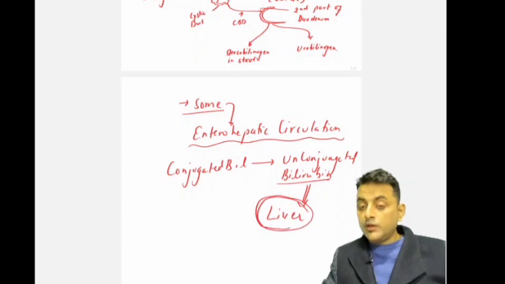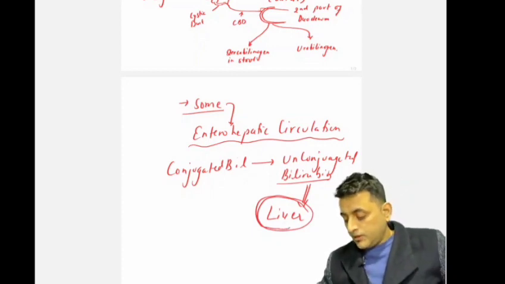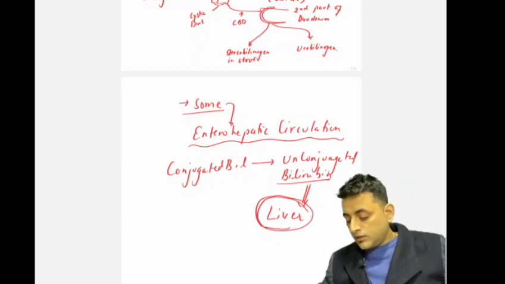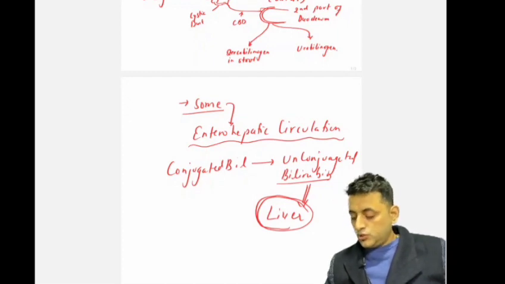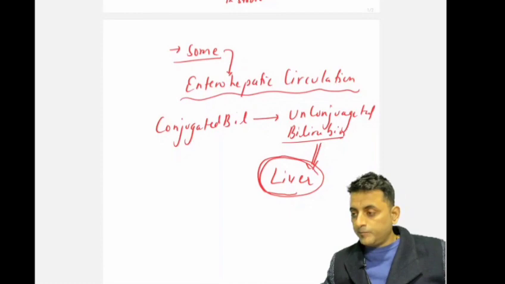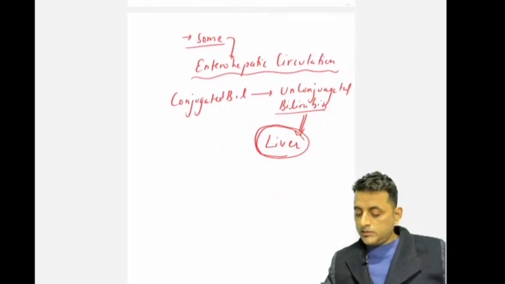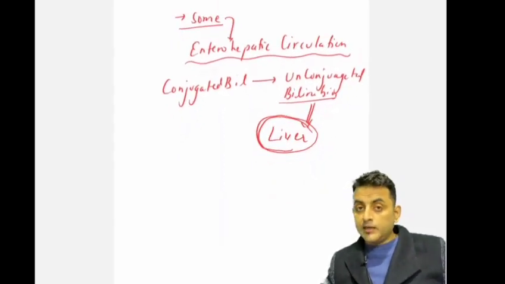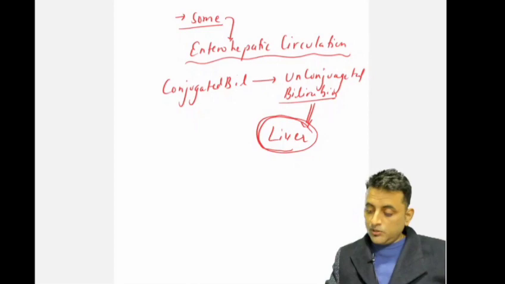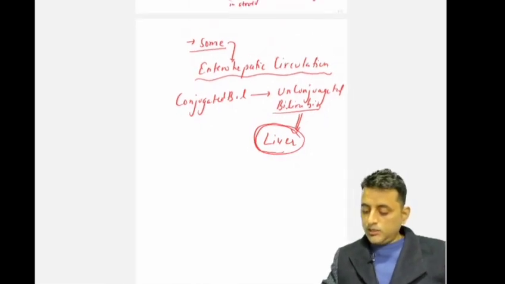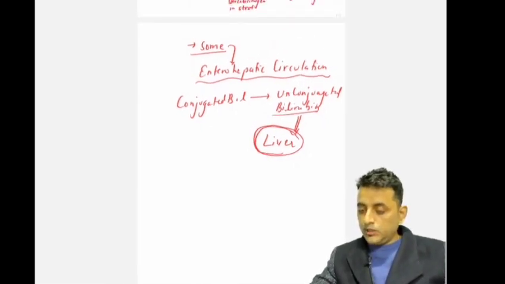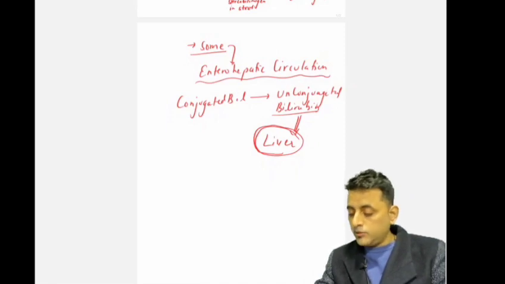In conditions where enterohepatic circulation increases, there is a chance of hyperbilirubinemia. If there is poor feeding, or if the breastfeeding is not proper, in certain conditions enterohepatic circulation can increase and lead to jaundice. We should know that. So this was just in short about bilirubin production and metabolism.